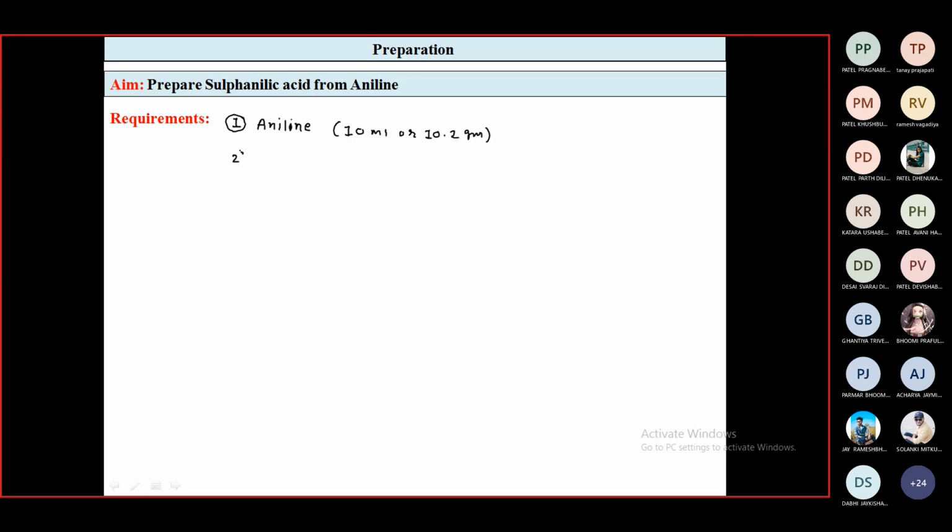The second thing you need is concentrated H2SO4. You require approximately 20 ml, that is 37 gram.